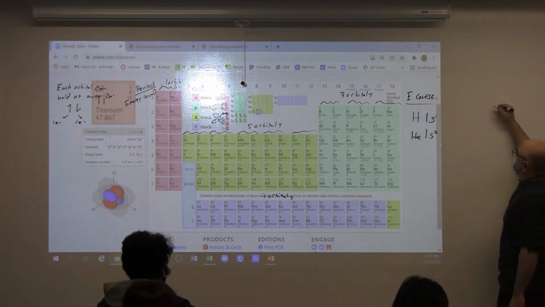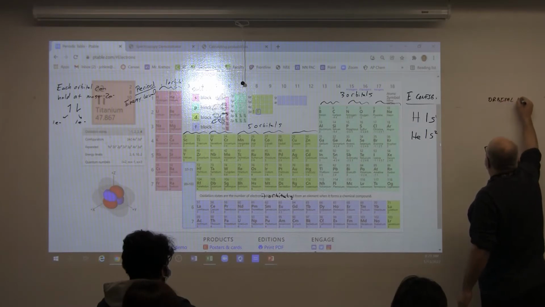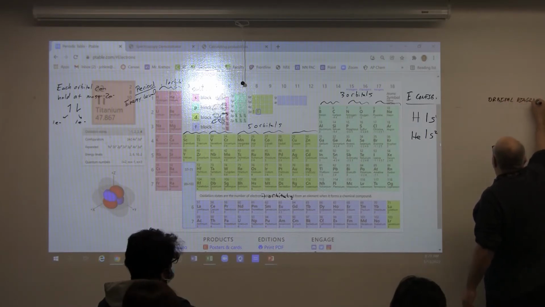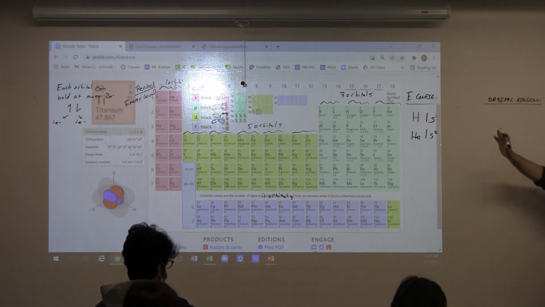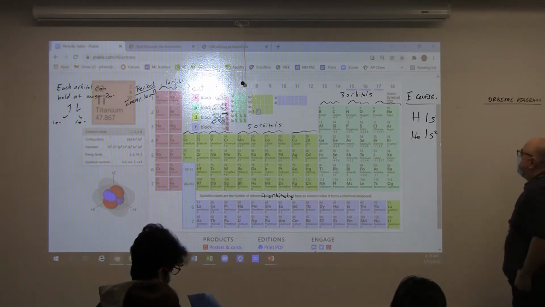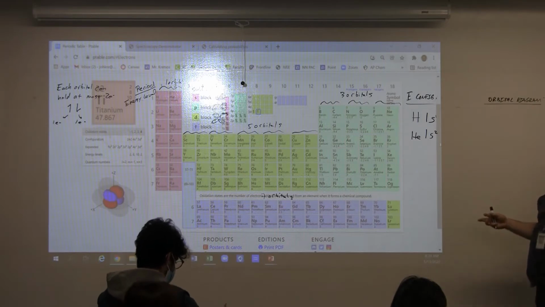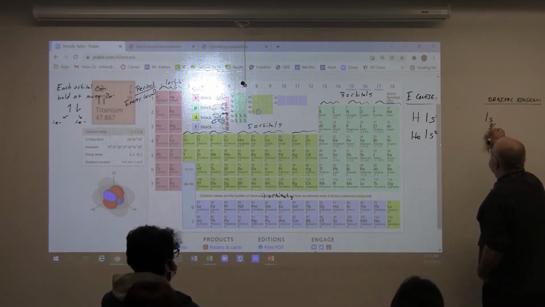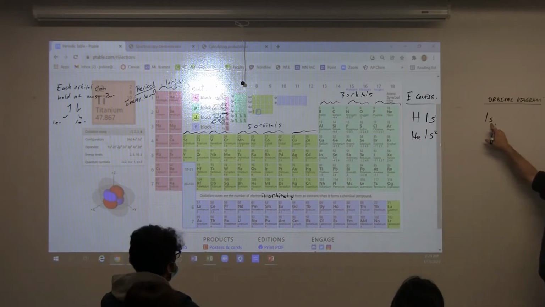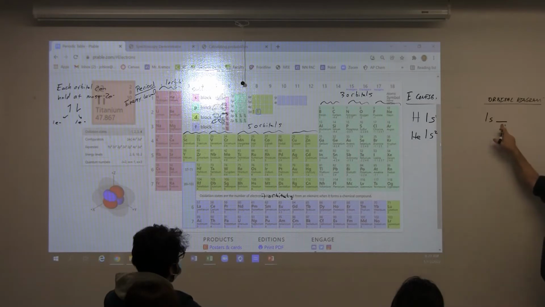Next door, I'm going to write what's called an orbital diagram. It's not what you think. You don't have to draw a bunch of clouds. We're going to draw some lines and arrows that help us visualize how the electrons go in a little bit more. So I'm going to draw them across. Sometimes they're drawn vertically. It doesn't really matter. But the 1s orbital of any atom, really, I'm going to use a line to represent an orbital.